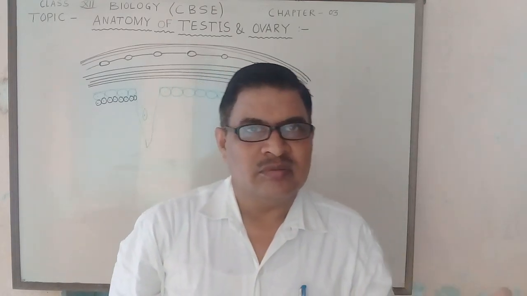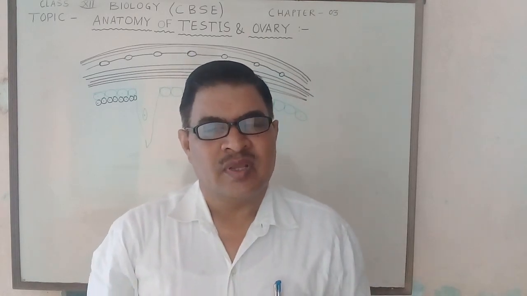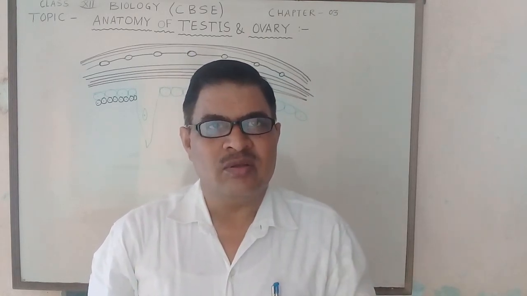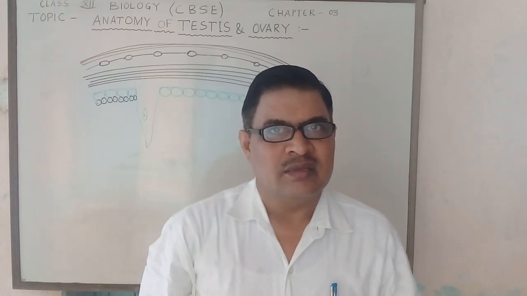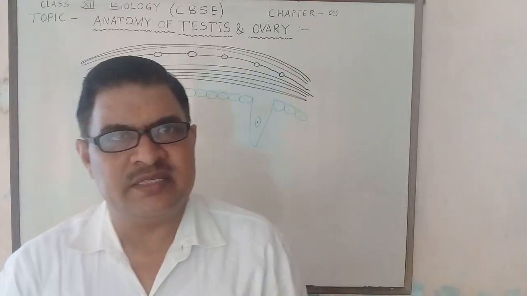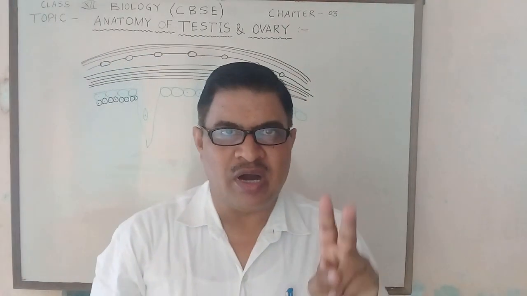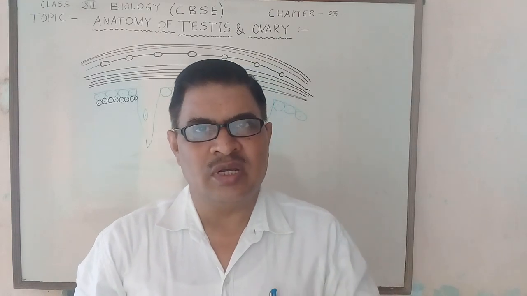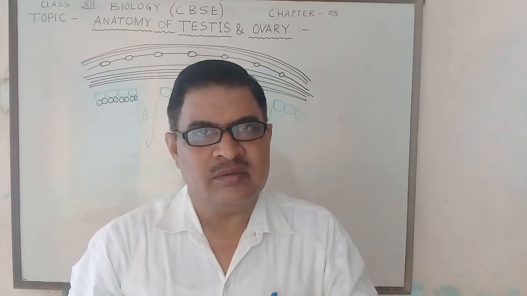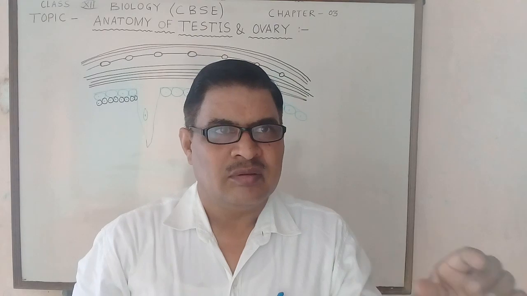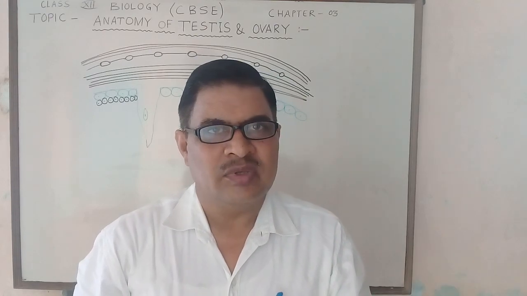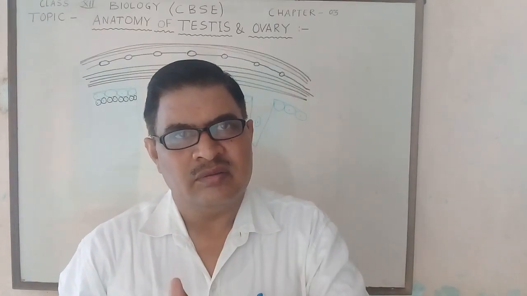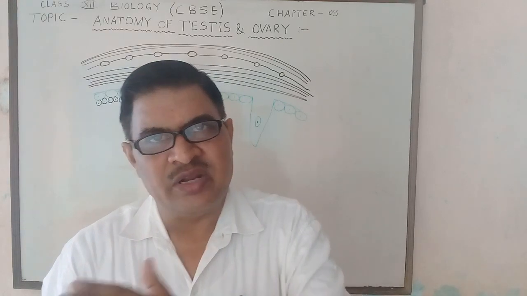outermost layer called tunica vaginalis. This tunica vaginalis has two parts: outer parietal peritoneum and inner visceral peritoneum.